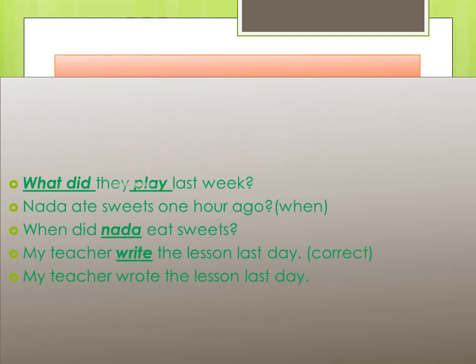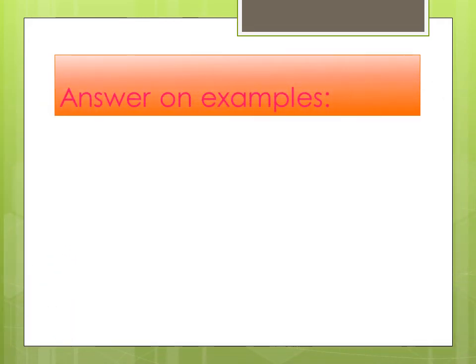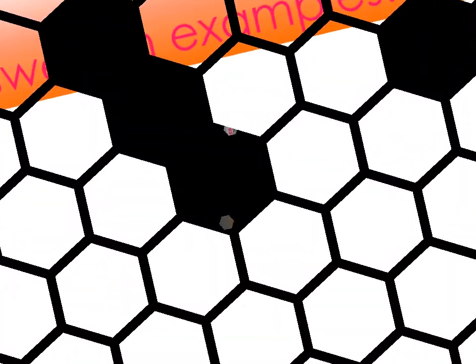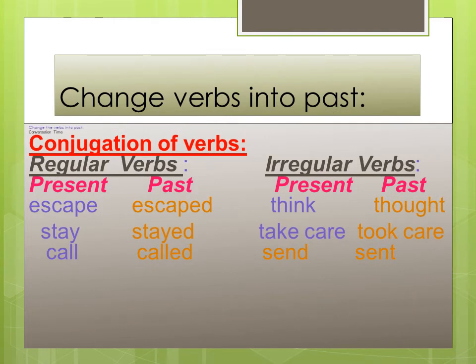Okay. Now we have to change verbs into past. We have regular verbs and irregular verbs, present and past. For example, escape changes to escaped.